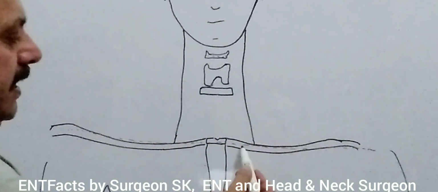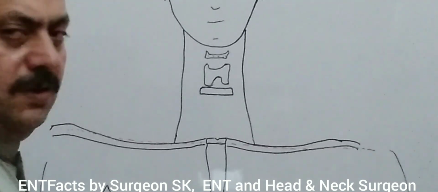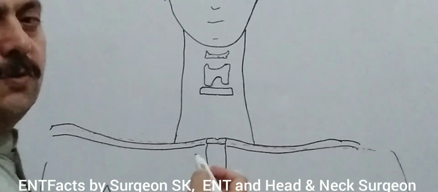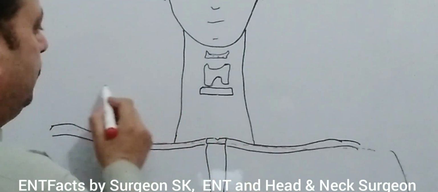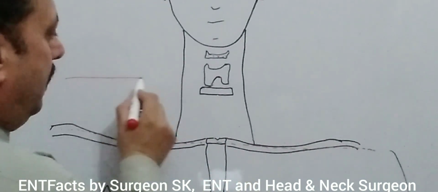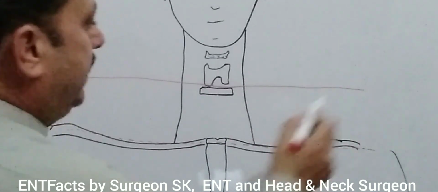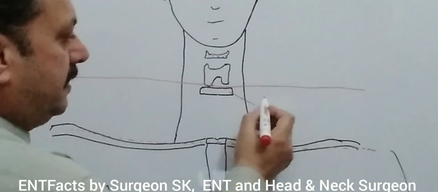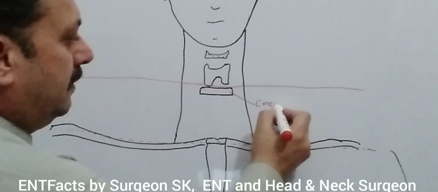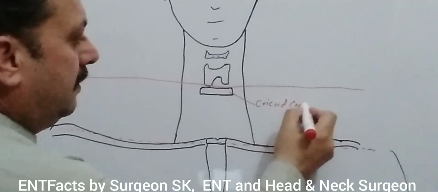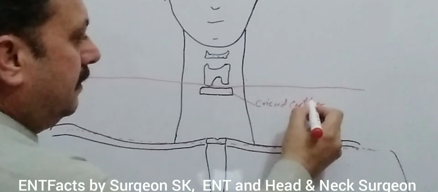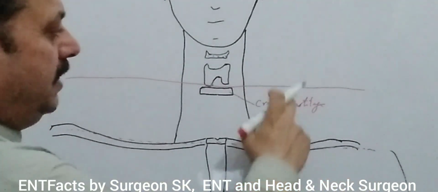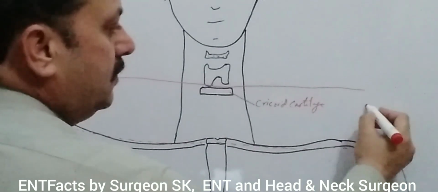The area lying between these 2 lines, one at the clavicles at the root of the neck or at the thoracic inlet, the other passing at the superior border of this cricoid cartilage. The area of the neck lying between these 2 lines is called zone 1.